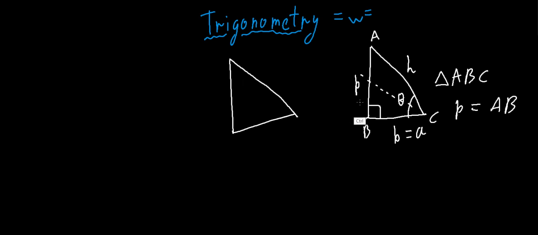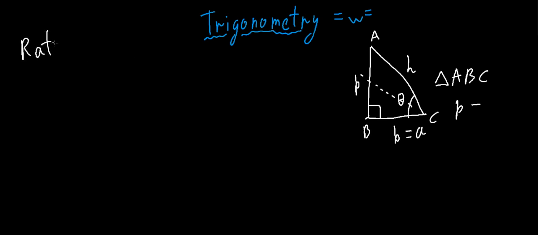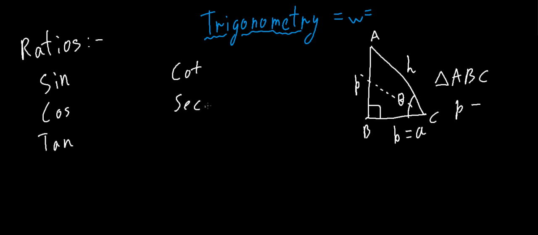Now next up, in trigonometry we have what are called trigonometric ratios. In trigonometric ratios we have the sine, cosine, tan, cot, sec, cosec.